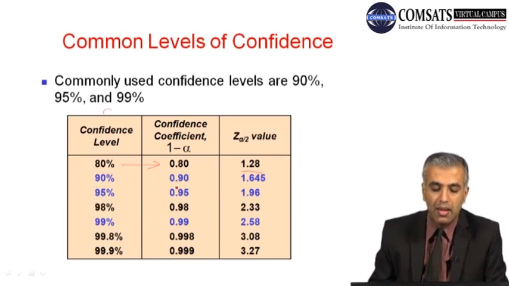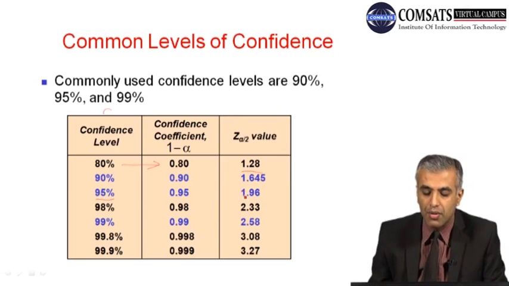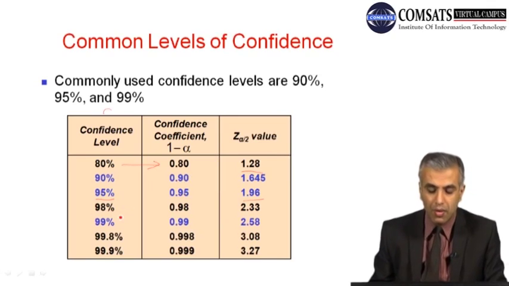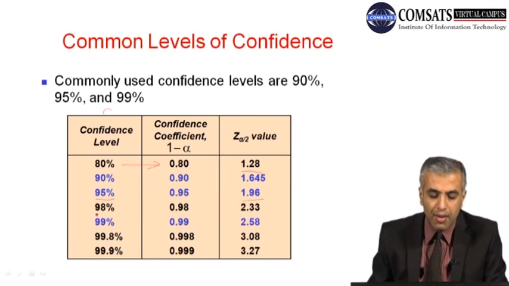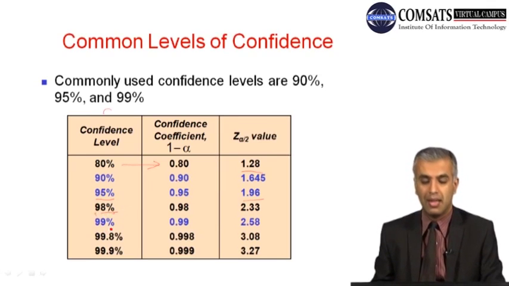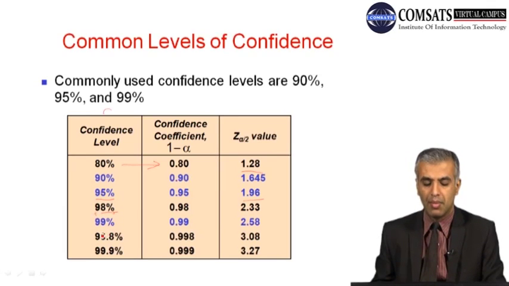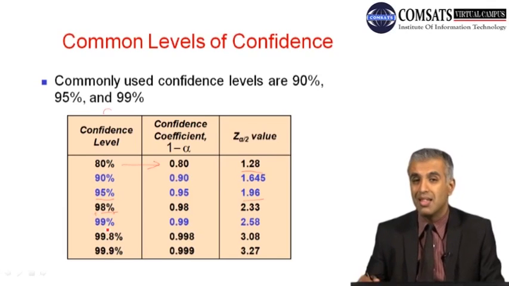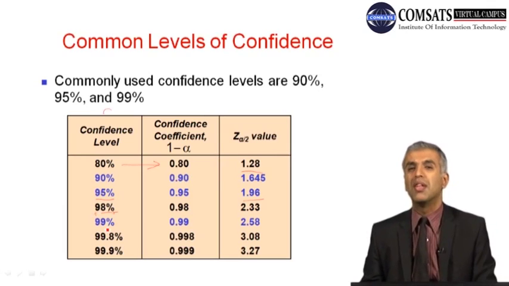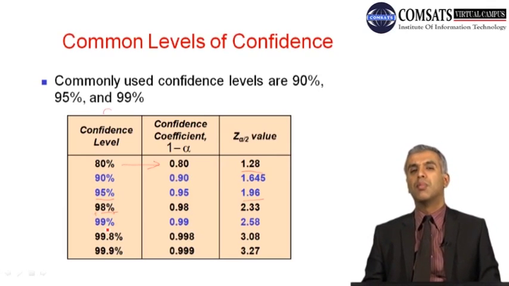You can see that as we come to 95%, the z value also increases, and likewise we have calculated the confidence coefficient as well. Likewise we have got relative values for different confidence levels like 98%, 99% and 99.8%. These are different confidence levels which are used depending upon the field in which the study is being carried out.